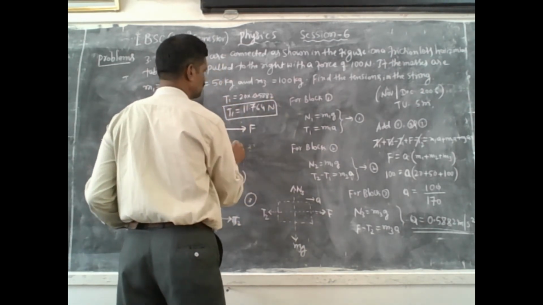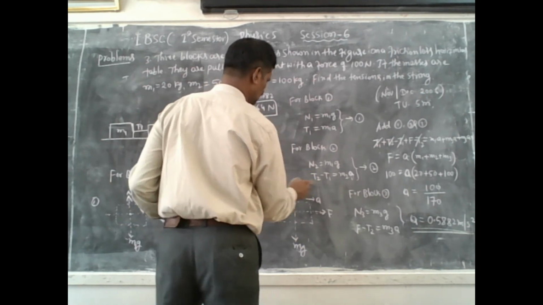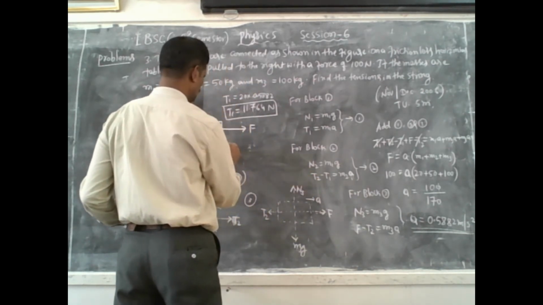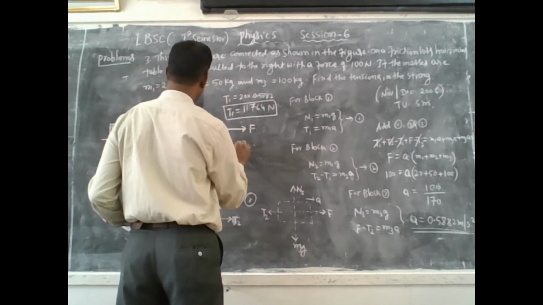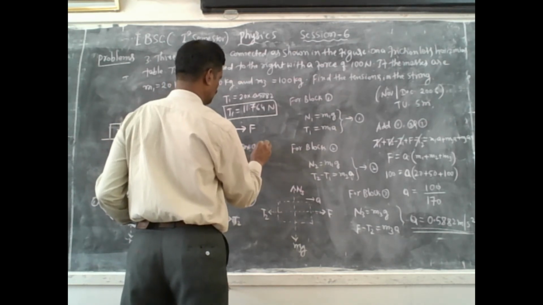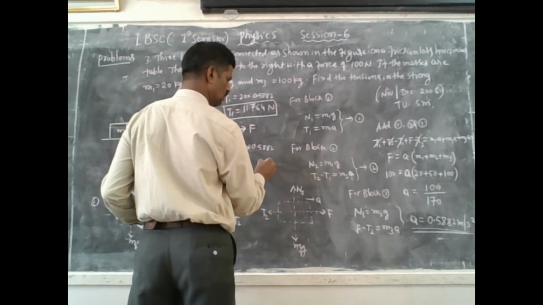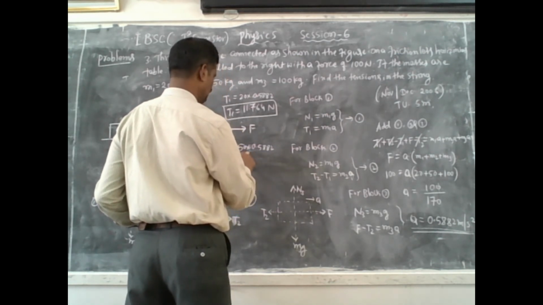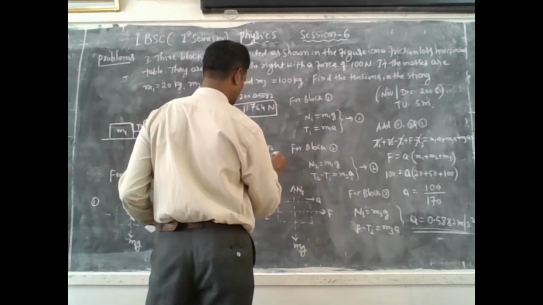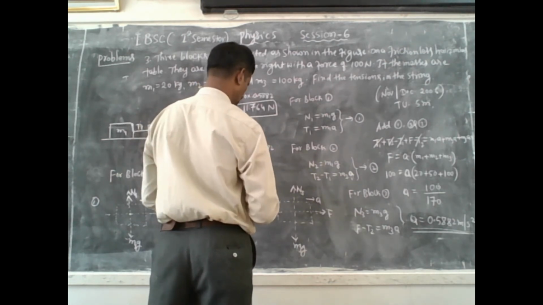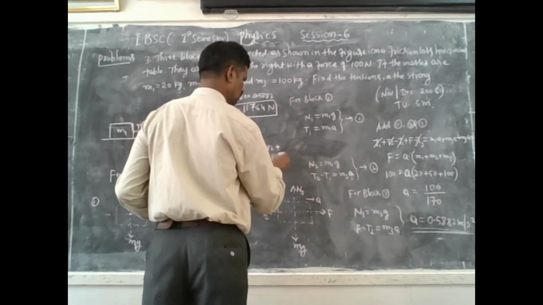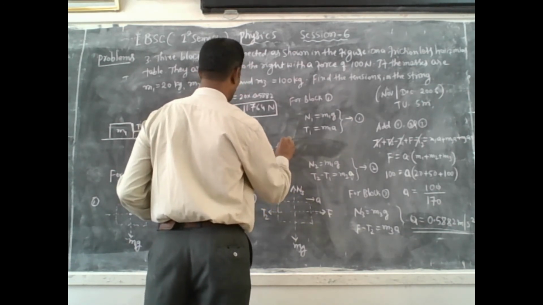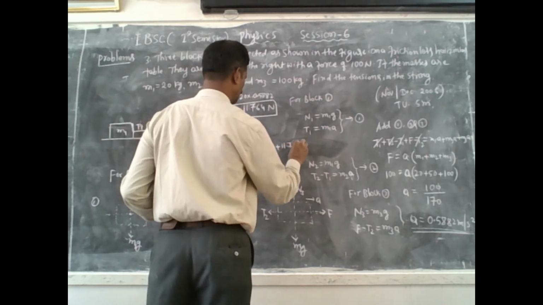And T2 equals T1 plus M2 times acceleration, that is 50 times 0.5882.